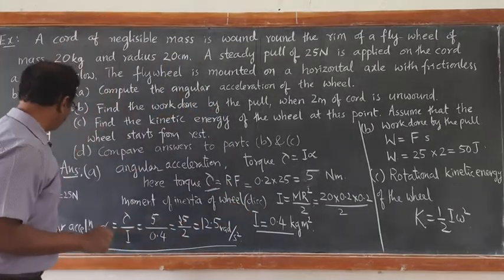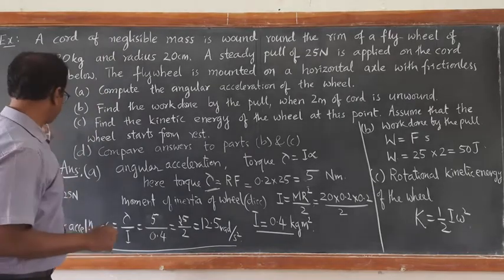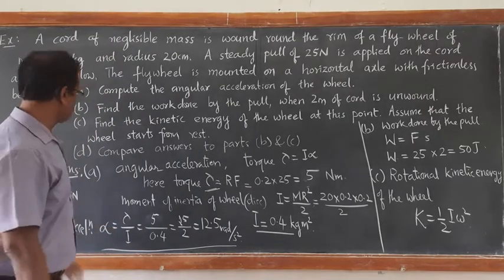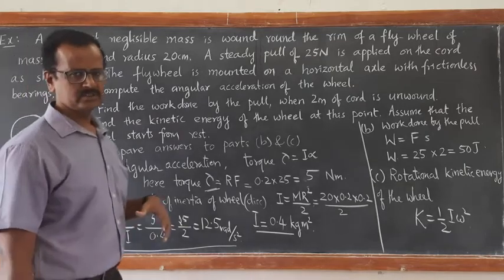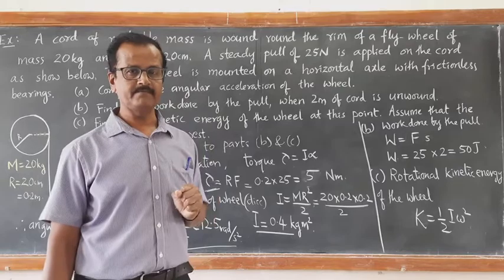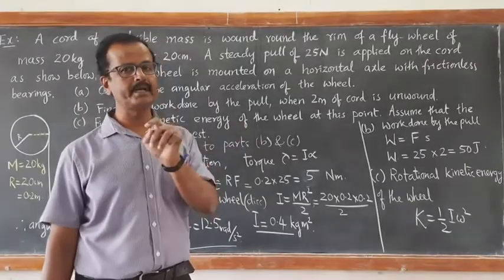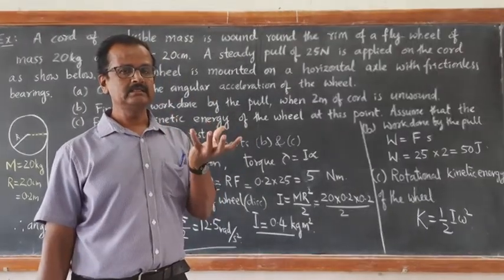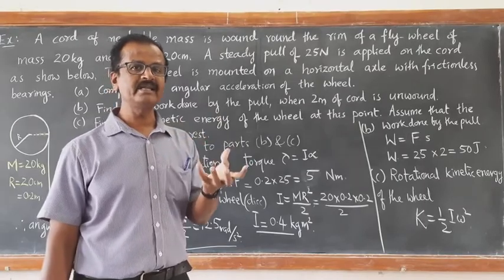So by the pull of 25 Newton, when 2 meter cord is displaced, what is the angular velocity? We need to calculate angular velocity omega. From omega naught to omega, it has gained angular velocity, so there is a gain in kinetic energy.